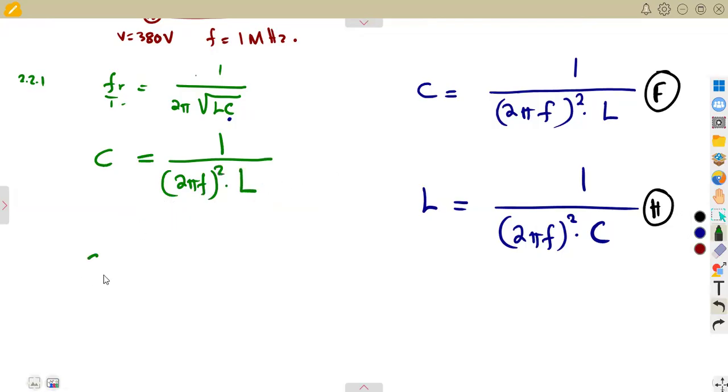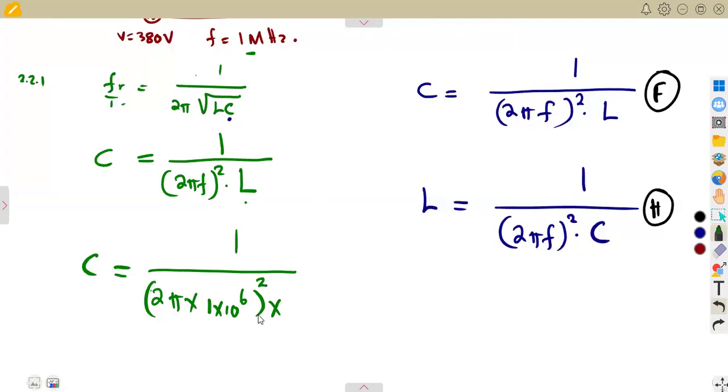Just like that. So everything is given, everything is there. So it's just going to be substitution. So this is 2 pi times the frequency, which at resonance is 1 times 10 to the exponent of 6, times the inductance. All right, there's a squared there. Don't forget this. The bracket squared, not part of F, but everything. You close the bracket, then you square.